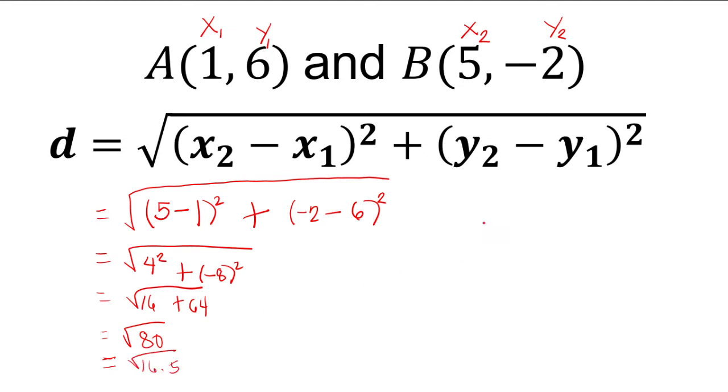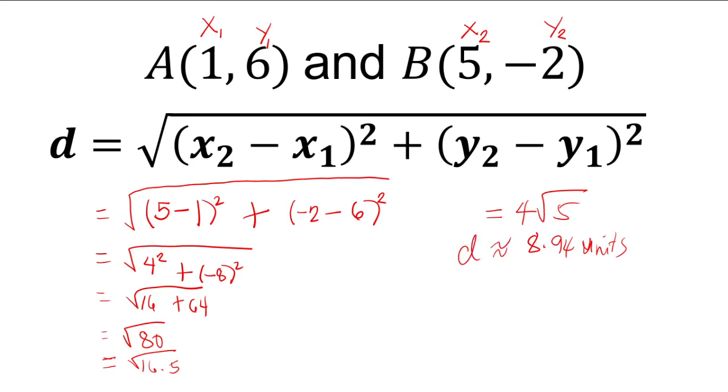And square root of 16 is 4, so 4 square root of 5. Or approximately, the distance between point A and point B is 8.94 units. Or around 9. 8.94 units. So, that's how you apply the distance formula.